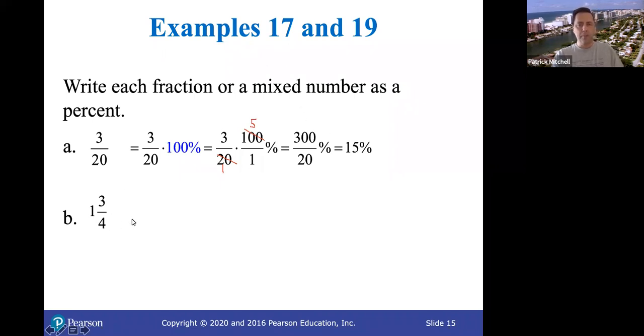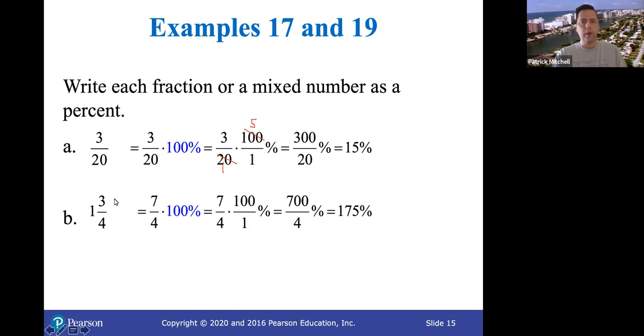Next is 1 3/4. I'm sorry, 1 3/4. It's not a percent. That's really important. Okay, so first we would change that 1 3/4 to an improper fraction, 7/4. And then we would go 7/4 times 100 over 1. And again, I would probably do it like this instead of the way they did it.